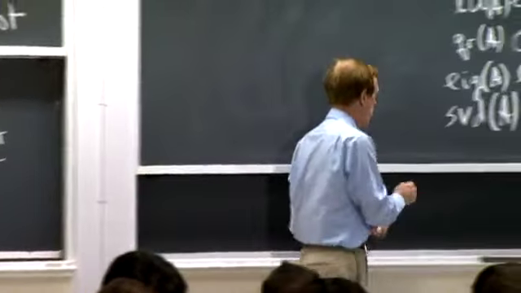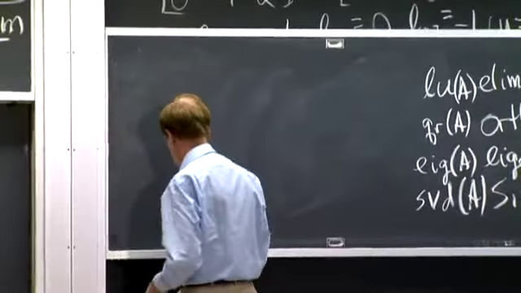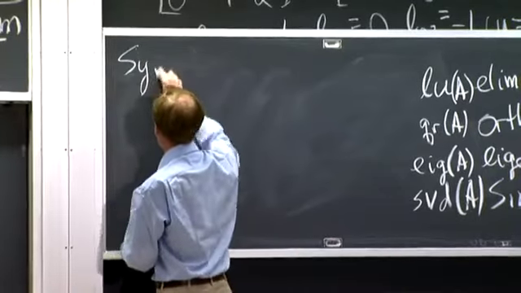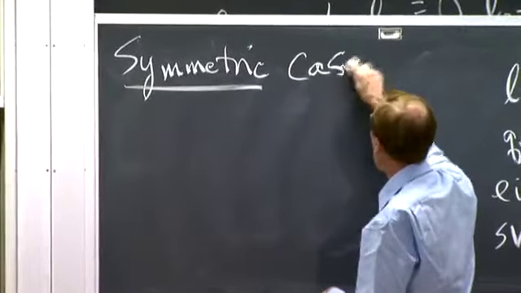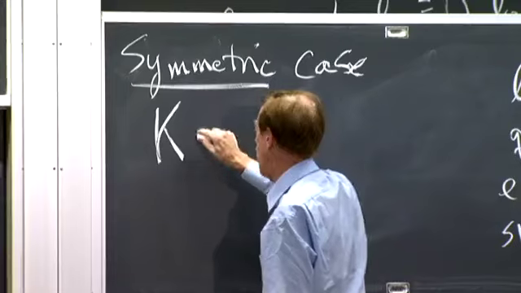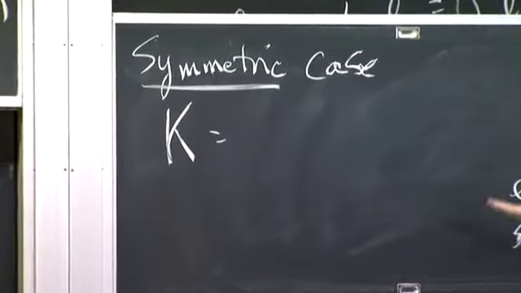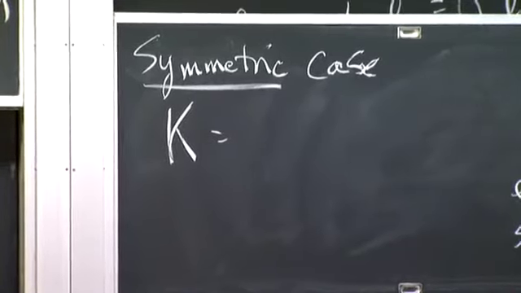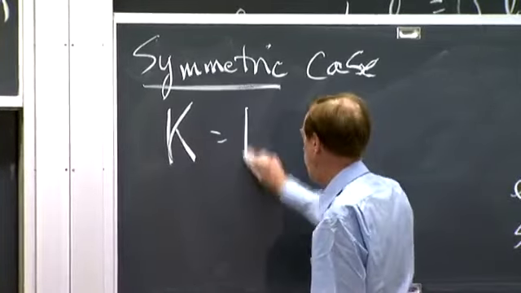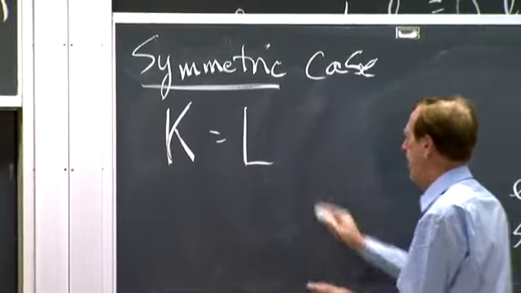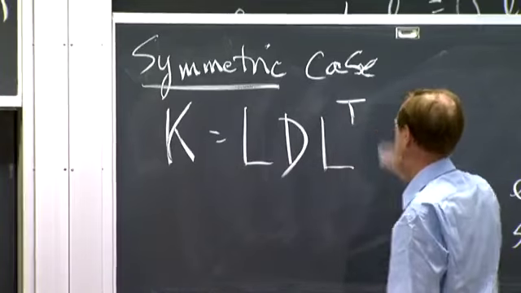So the point of the symmetric case we have, and I'll use the letter K rather than A, because now we're getting the matrix is more special. It's that K, or it's this T, or it's any other symmetric matrix. The elimination uses multipliers L, and if I factor out the pivot matrix, then the other part is L transpose.